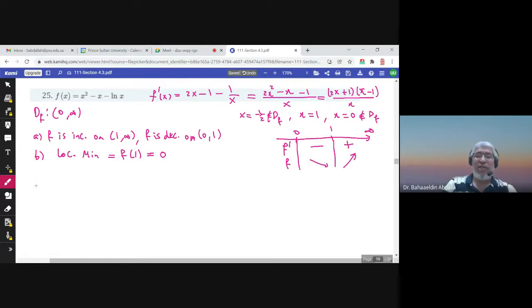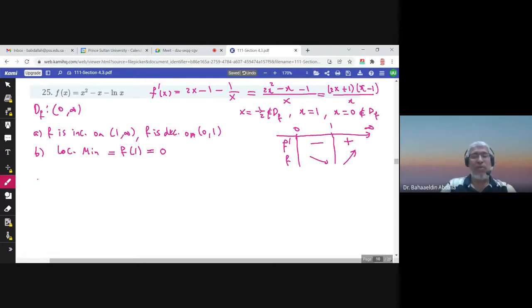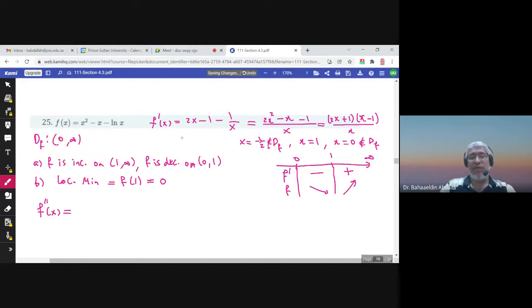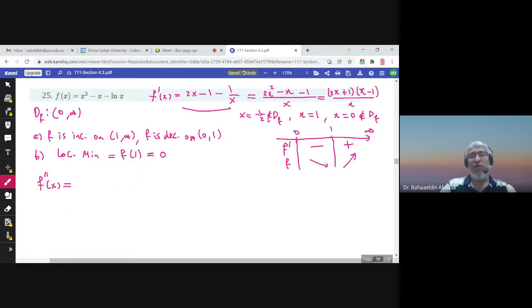To answer C, I need to find f double prime. And to find f double prime, it's easier for me to work with this one. I don't want to use the quotient rule. So the derivative of 2x is 2, derivative of negative 1 is 0, derivative of 1 over x is negative 1 over x squared, and there is a negative here, so it's positive 1 over x squared.